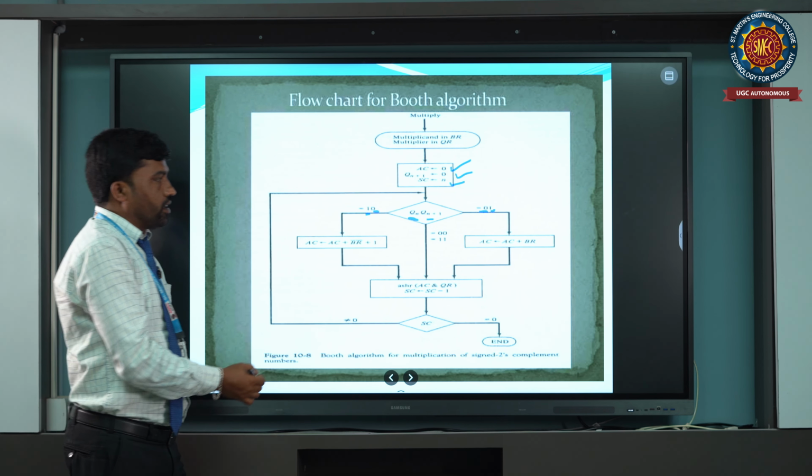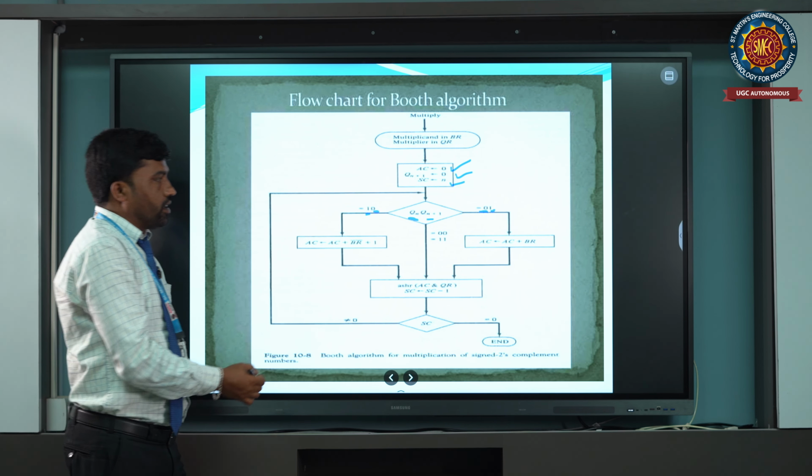So AC is 01001, and we will get some product, right? Then next we go to the arithmetic shift to EAQ. Here E is 0, then we move to the next bit.